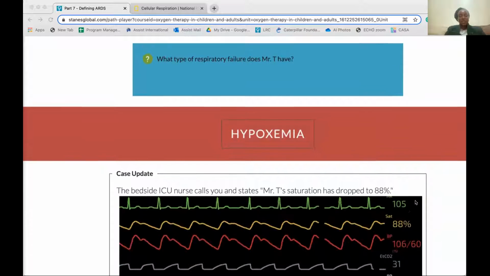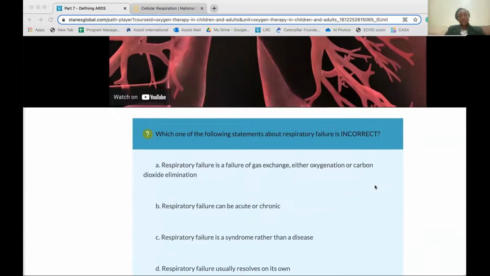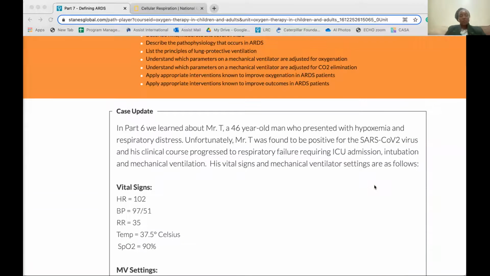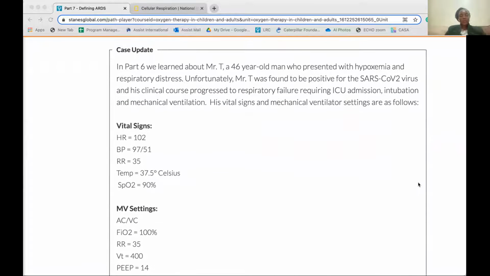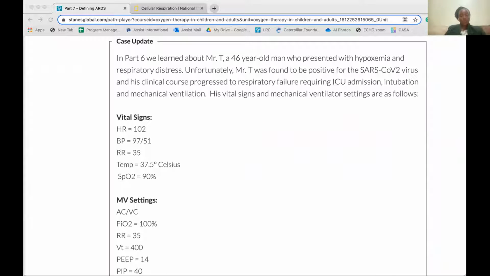So in this case, which type of respiratory failure does Mr. T have? Maybe we could go back to the case, just in case anyone had forgotten what it was about. We have Mr. T, who is positive for SARS-CoV-2, and his clinical course progressed to respiratory failure requiring ICU admission, intubation, and ventilation.